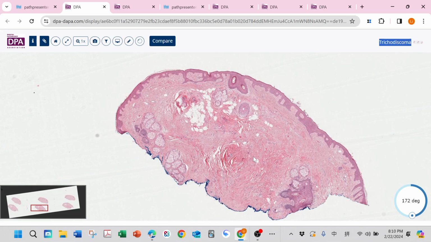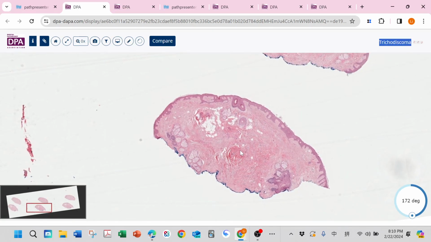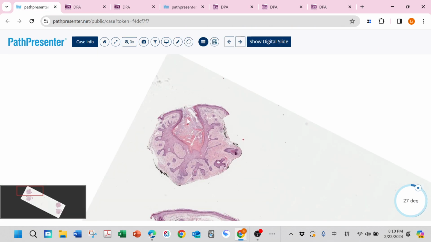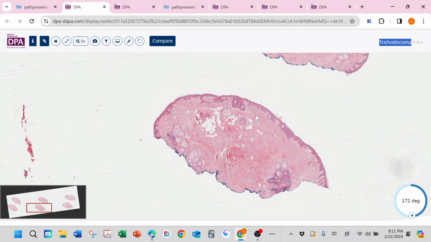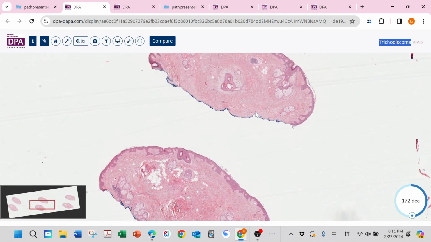I don't think in the test they're gonna give you these diagnoses because some attendings just believe when you see this trichodiscoma, when you cut deeper, you will always see this dilated hair follicle, and then make the diagnosis of fibrofolliculoma instead of trichodiscoma. But I just would like to show you the classic one for the trichodiscoma.